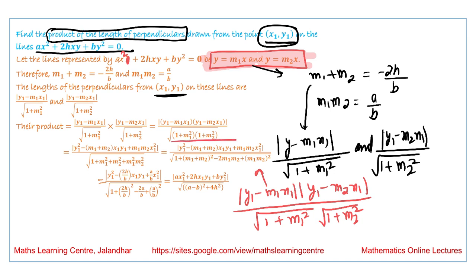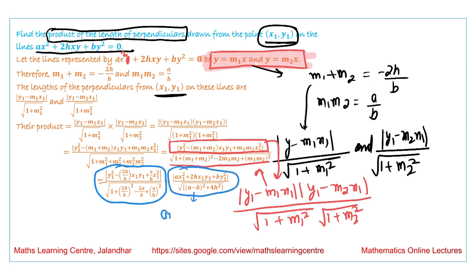When you multiply these terms, you will obtain the equation in this form. These calculations are shown over here. When you adjust the terms, you obtain the answer in this form: ax1 square plus 2hx1 y1 plus by1 square divided by square root of (a minus b) square plus 4h square.